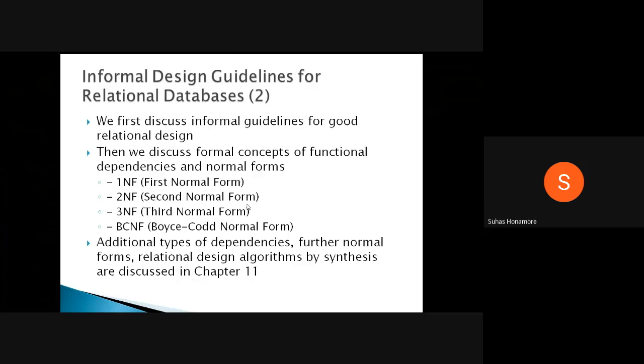There are different normal forms, and one by one we have to achieve them: first normal form, second normal form, third normal form. If you are in third normal form, then by default you have completed second normal form and first normal form. For this you have the formal guidelines, and we will study those.